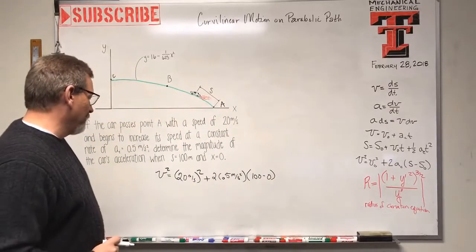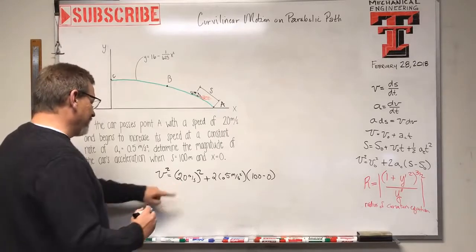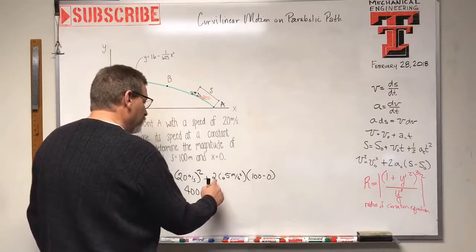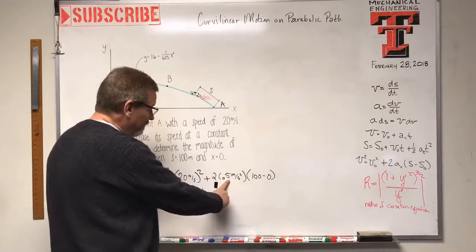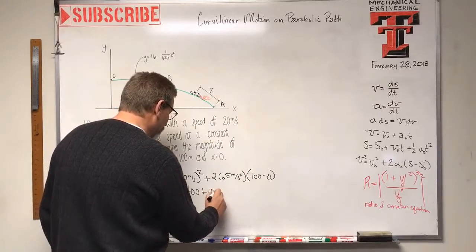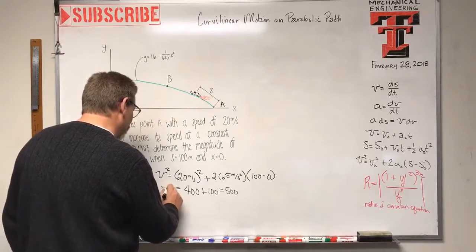All right, what do we need now? Our calculator. 20 squared is 400. And 2 times a half, what's that? That's 1. And 1 times 100 is still 100. So this is 500 on this side equals v squared.